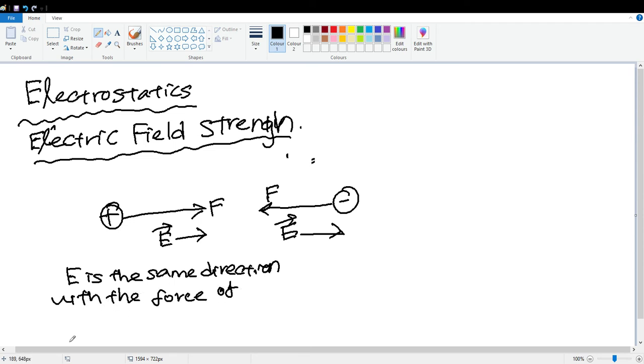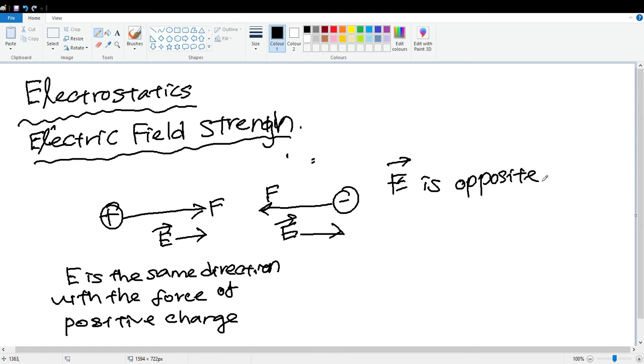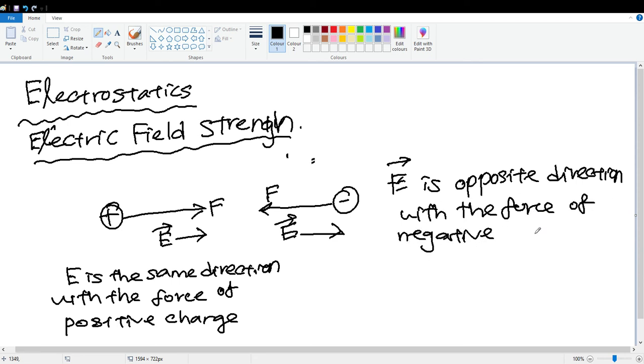As for the negative charge, E, this arrow means the direction, E is in the opposite direction to the force of the negative charge.